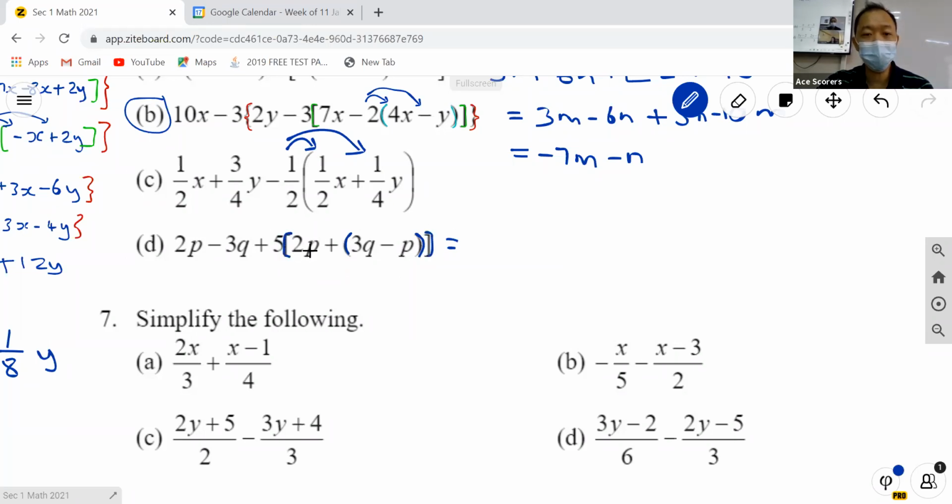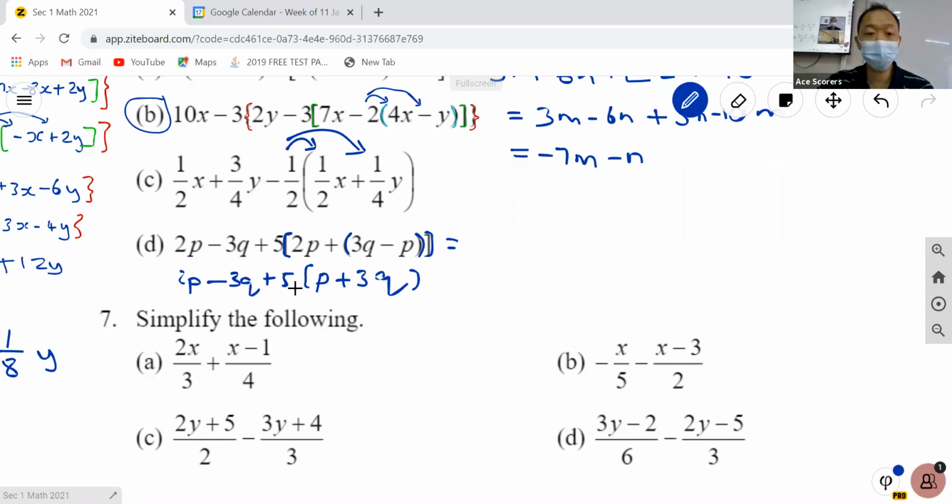The square one is 2P plus 3Q minus P, so this part will compress to become P plus 3Q. The square bracket thing will compress to become that with a 5 here. Then the 2P minus 3Q plus 5. So it's just going to be like this.